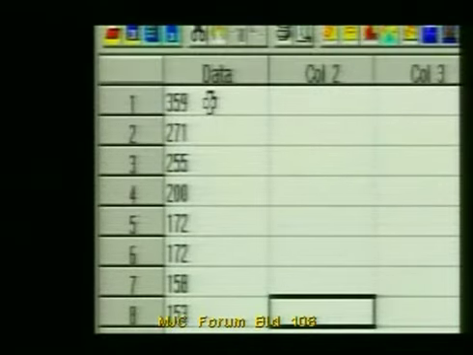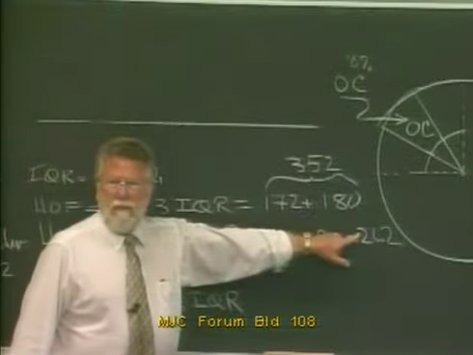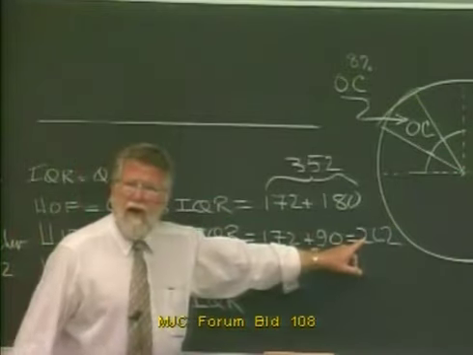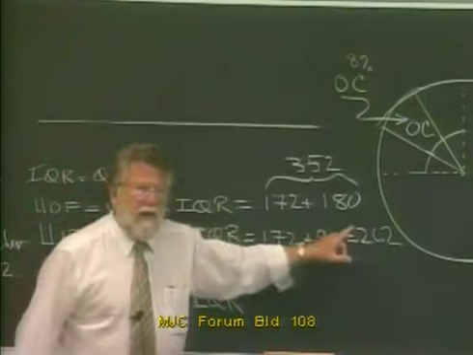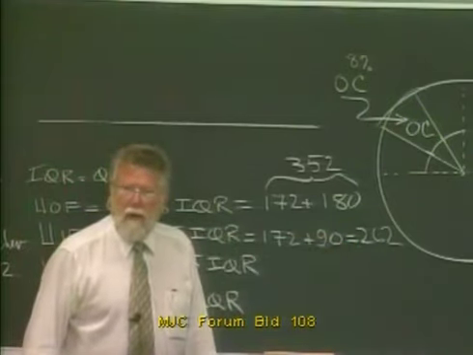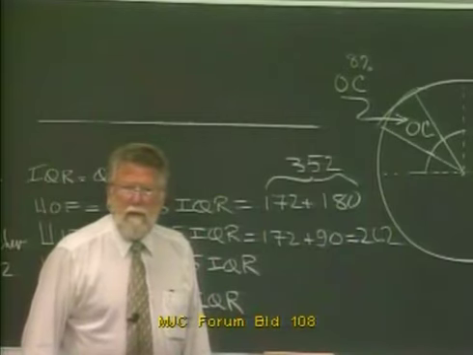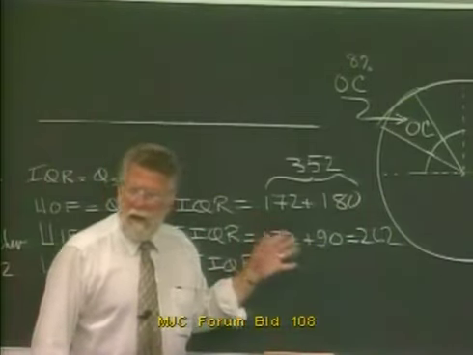I said that's extreme. 271 is suspicious. What's my next data point? 255. So my whisker goes to the 255, not the 262. The whisker doesn't go to the fence. It goes to that 255, which was the last data point inside that upper inner fence. That is critical. There's no way you see these fences on your box plot.